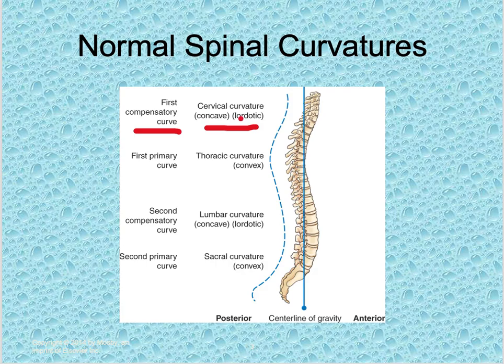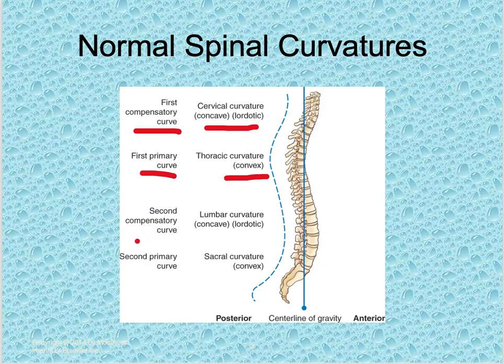It's concave, and we can also say that it's lordotic, although usually we don't talk lordotic with a normal curve. We usually only use lordotic for exaggerated curvatures, okay? So first primary curve is the thoracic curvature, and it is convex.